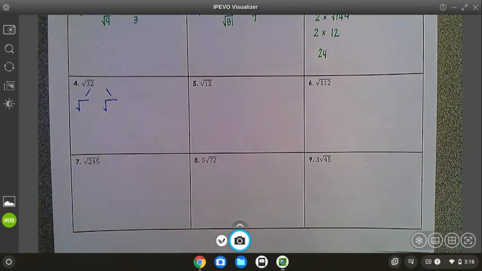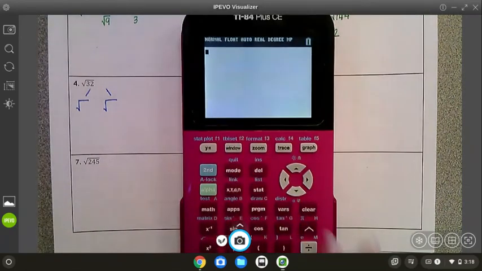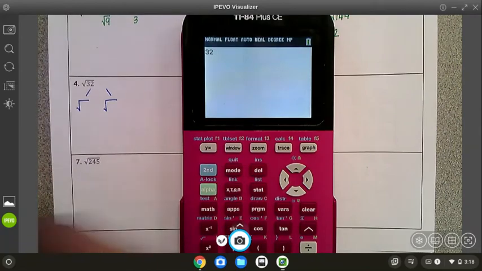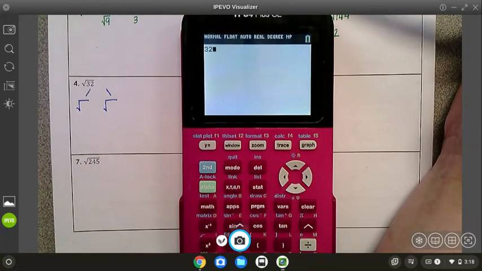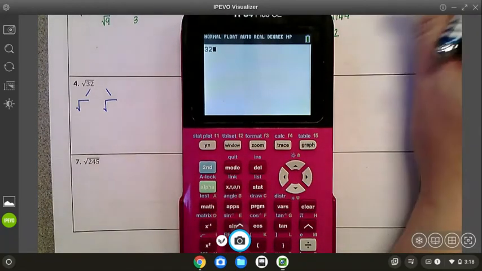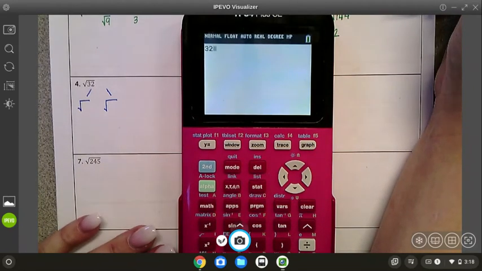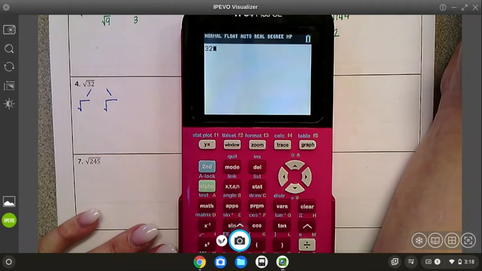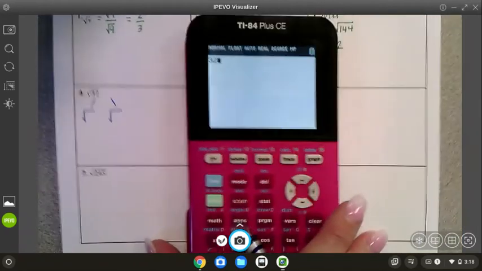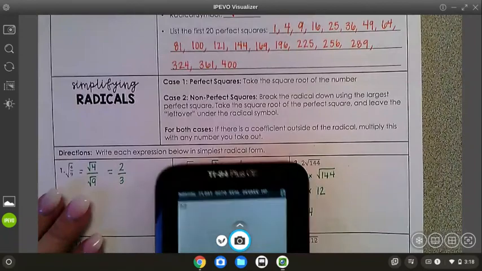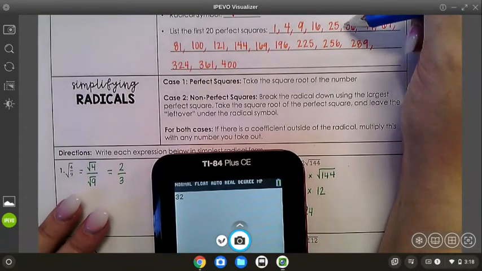So if I go to my calculator, 32. Since we're looking for the largest, we want to look at our list and start with bigger numbers and work backwards. So 32, let me show you the list here. 32 is going to fall somewhere between here.